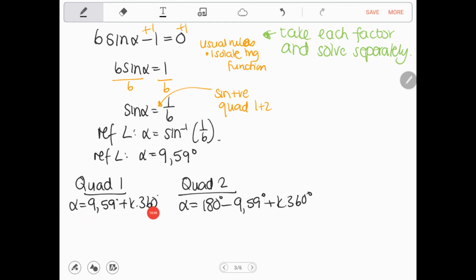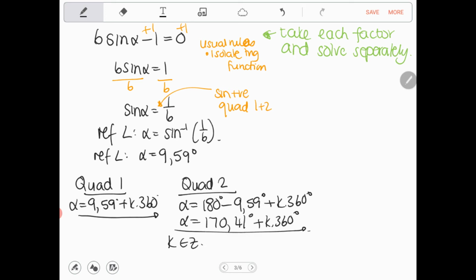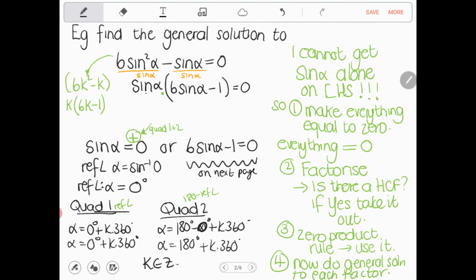This is already sorted. And 180 minus 9.59 is going to be 170.41 plus k lots of 360. k is an element of Z. So this equation, because it was a zero product rule, has ended up with these two solutions here.